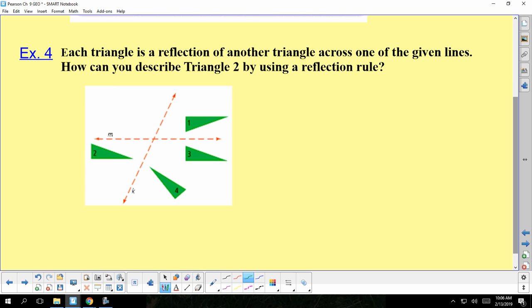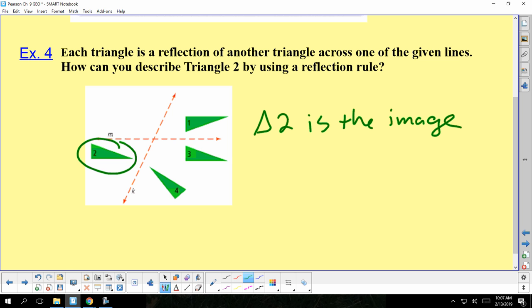So if I'm looking at triangle 2 right here, we can describe triangle 2 as the image of a translation, actually not a translation, a reflection across line K of triangle 4. Triangle 2 is the image, the reflection across the line K, of triangle 4.